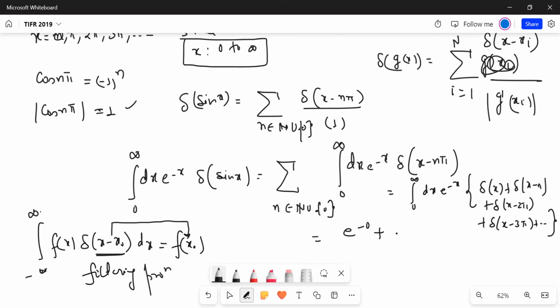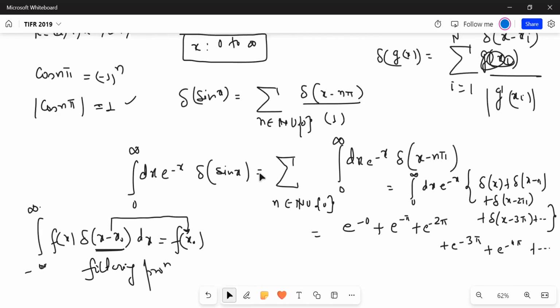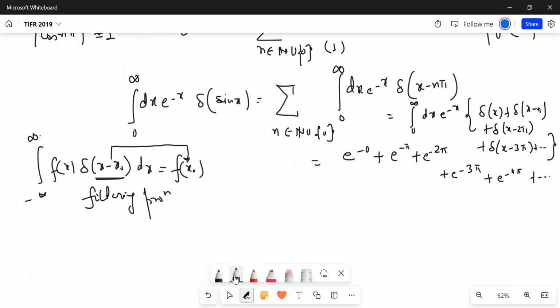So it will give you e to power minus pi, then e to power minus 2 pi, then e to power minus 3 pi, then e to power minus 4 pi, and so on. Eventually it will give you 1 plus e to power minus pi plus e to power minus 2 pi plus e to power minus 3 pi plus e to power minus 4 pi, and so on and so forth.